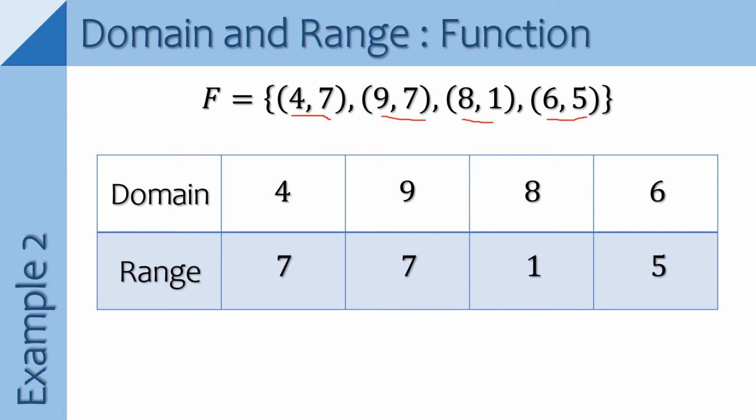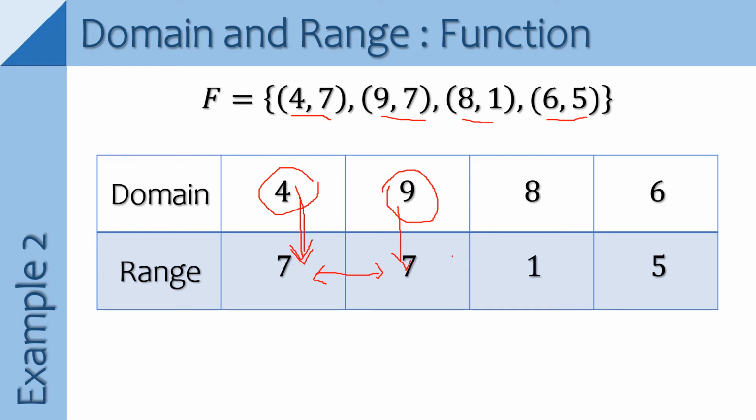So ito, si domain, si x, nag-correspond lamang to 1 y. Si domain 9 nag-correspond only to 1 y, which is 7. So even though they are the same, okay, it doesn't matter kasi ang usapan lang naman dapat si x nagko-correspond sa y.